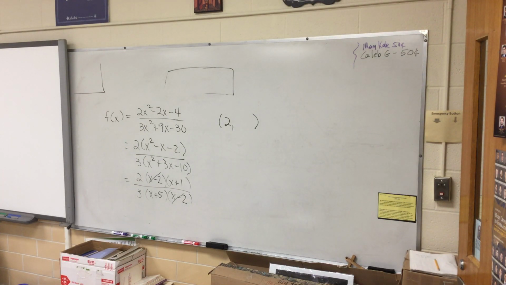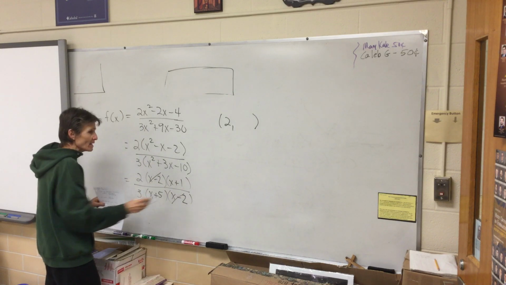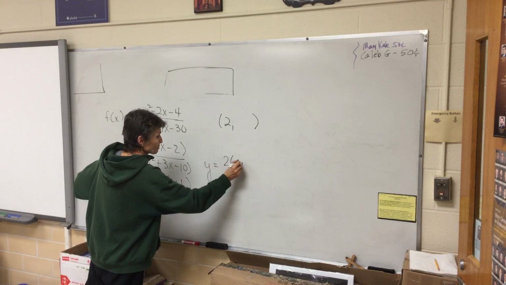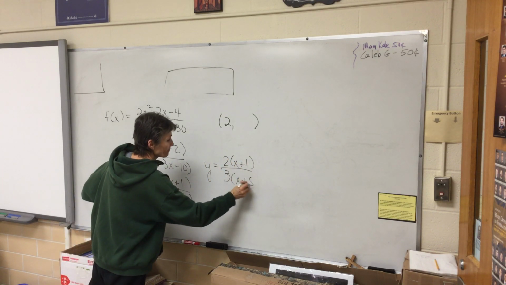To find the something, we are going to plug that 2 back into our remaining equation. Now, our remaining equation is 2x plus 1 over 3x plus 5.